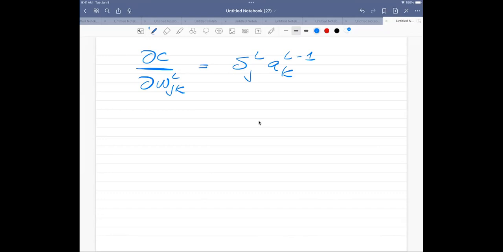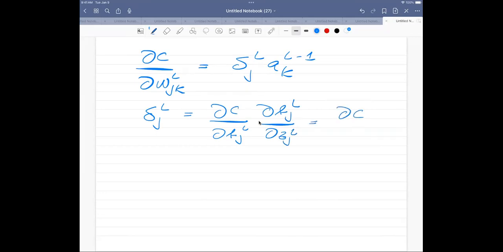One thing which we can show, which I will leave as a small exercise to you, is that this delta_j^L can also be written out in terms of the bias. If I use the chain rule again, it's all applications of the chain rule. Then I can show that this one gives me the gradient of this unknown parameter b as well.